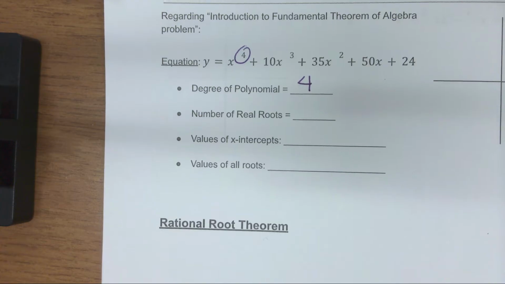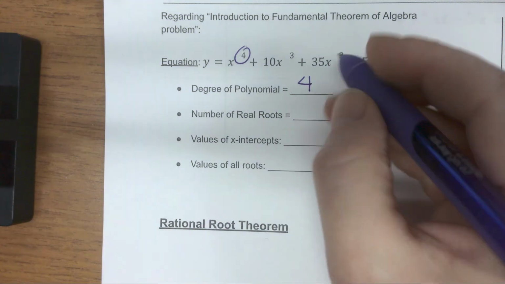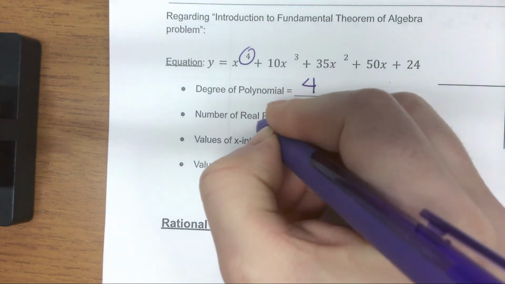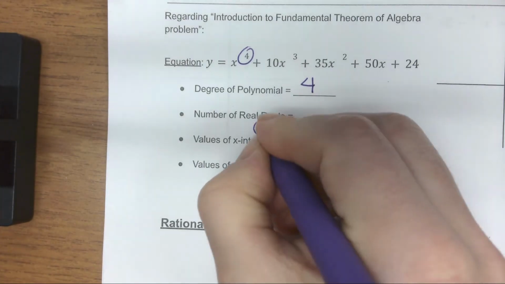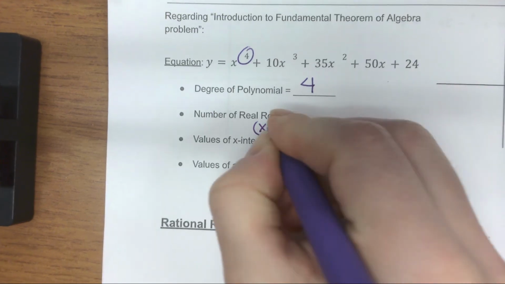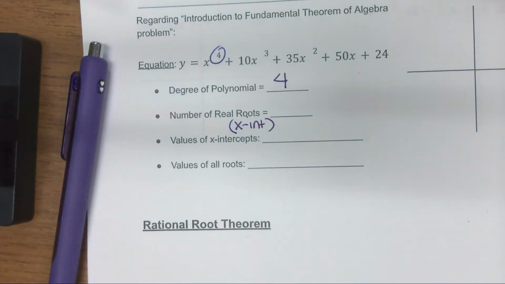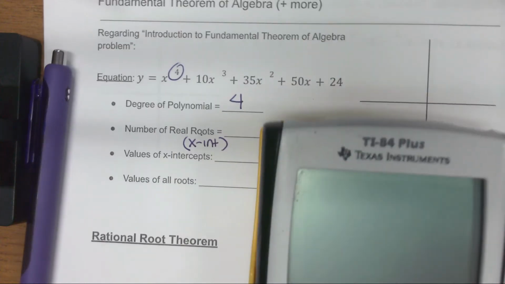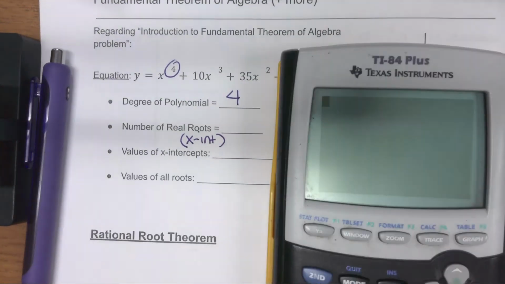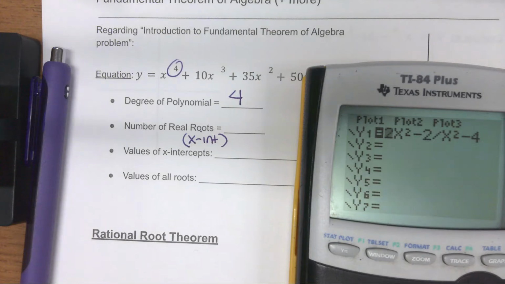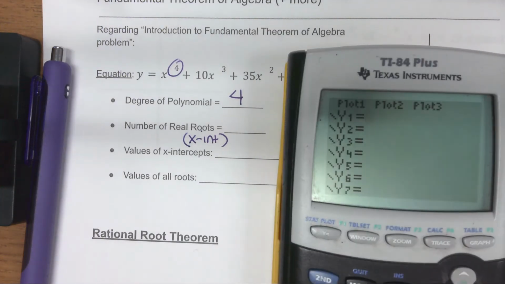To know how many real roots there are, because we're going to go back to when we talked about imaginary roots, or imaginary numbers, a little bit tomorrow. To know how many real roots, we're going to look at the graph. The word root is the same as the x-intercept. I don't even need you right now to find exactly what they are. We're going to just take a look at the graph and see how many times this touches the x-axis.